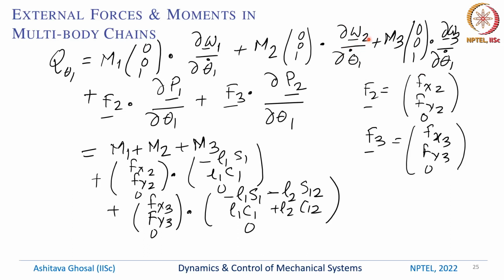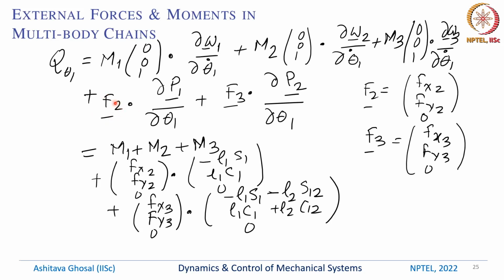Okay, so omega 2, when you take the partial, you will again get 0, 0, 1. Okay, and same thing with omega 3 with theta 1 dot. So omega 3 is also a function of theta 1 dot. Of course, it is also a function of phi 2 dot and phi 3 dot, which will show up when we find the Q corresponding to phi 2 and Q corresponding to phi 3.